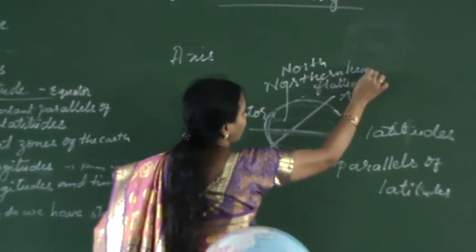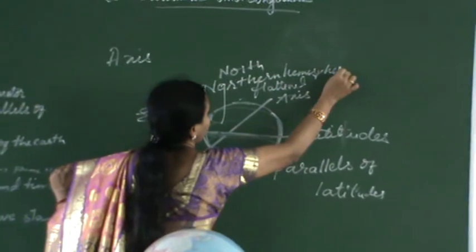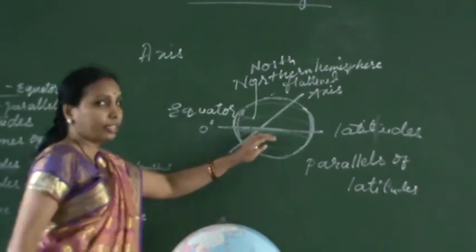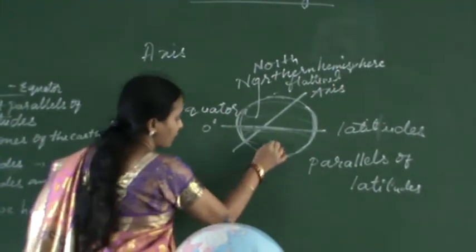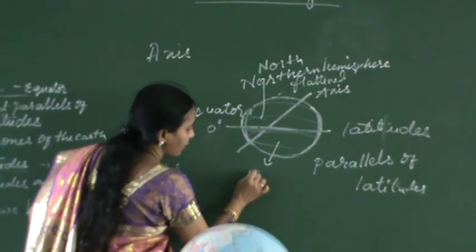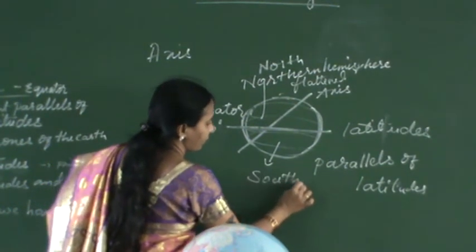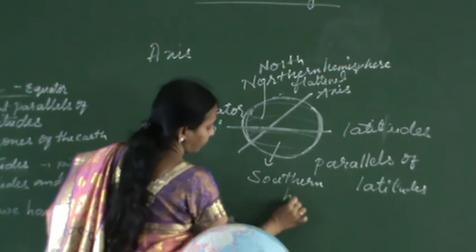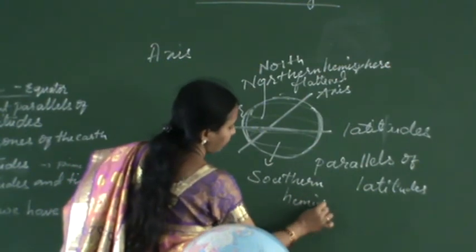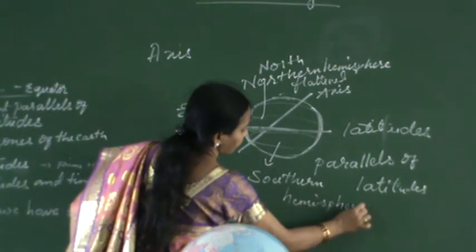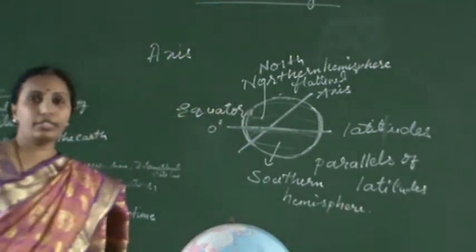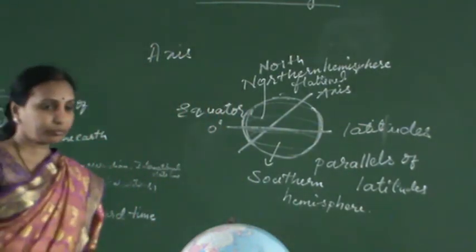The part from the equator towards the south side is called the southern hemisphere.